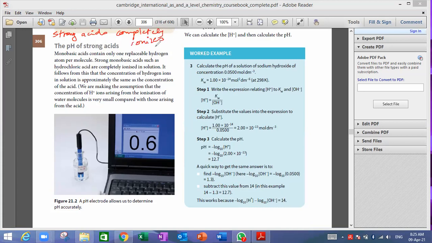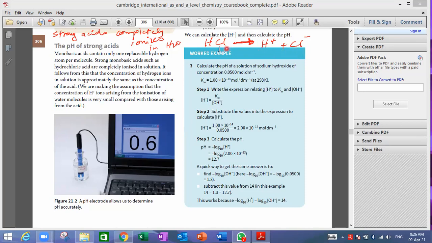It means if they are placed in water, they completely dissociate into their ions. For example, hydrochloric acid completely ionizes to H positive plus chloride negative. So we put this arrow going in one direction, because all of the acid can be dissociated into hydrogen ion and chloride ion.